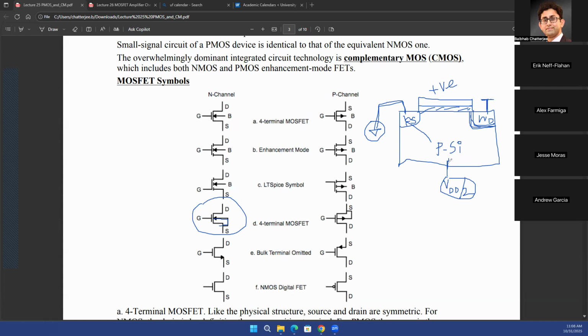But if you have this p-type silicon, the body or bulk region, connected to ground, then you do not have that problem, because your PN junction diodes are never forward biased. That is the reason why the body terminal, in most cases, there are exceptions as well and we'll talk about those, is connected to source so that there is no body effect.